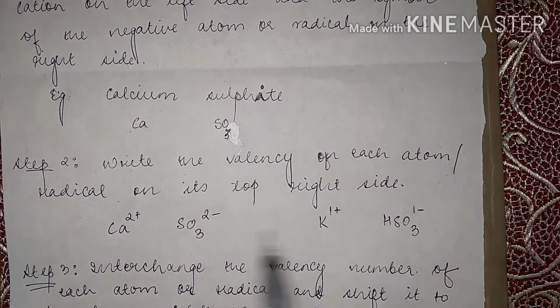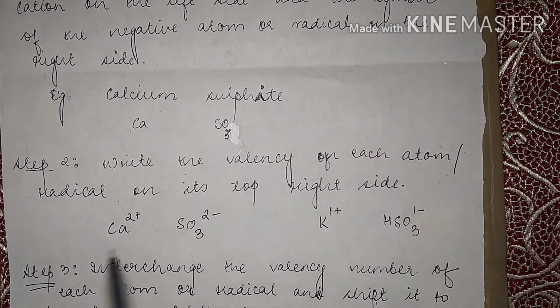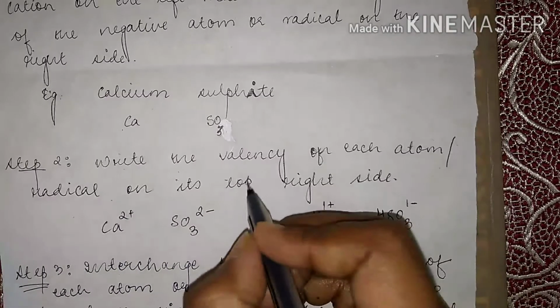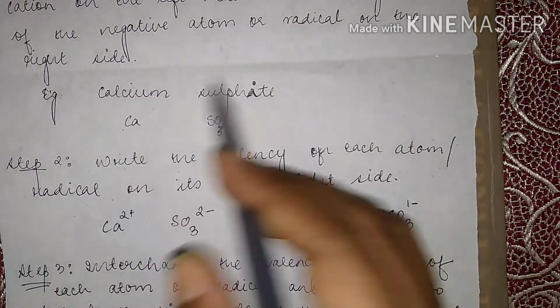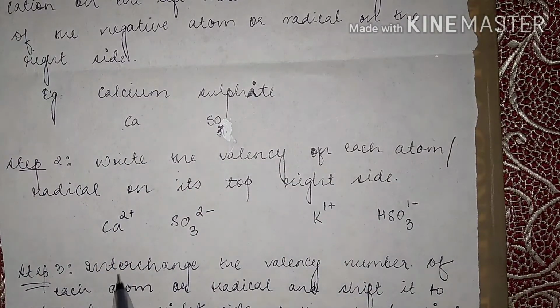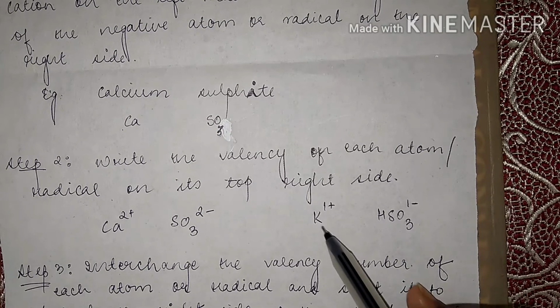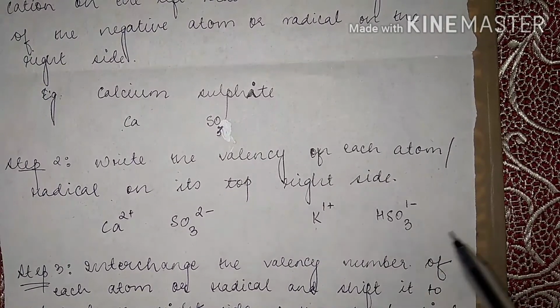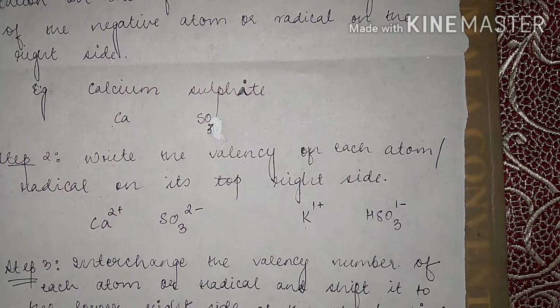Step 2 is write the valency of each atom or radical on its top right side. Here we took an example of calcium sulfite, so we write calcium, the valency is 2 plus and sulfite is dinegative, so 2 minus. Or we take another example of potassium bisulfite, potassium with valency 1 positive and bisulfite radical with 1 negative.